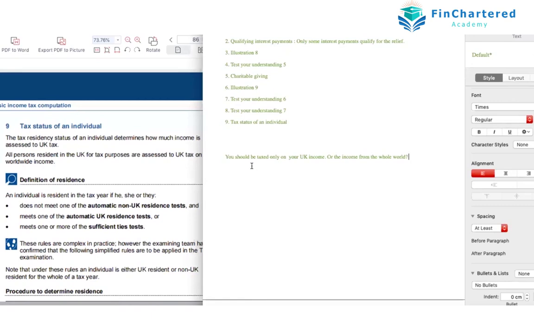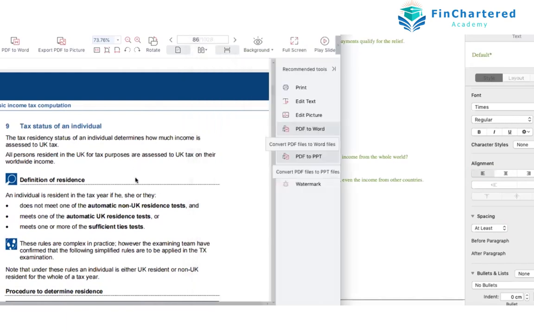So, if you are a UK resident, you will pay taxes on everything you earn, even the income from other countries. So this is what I've just told.